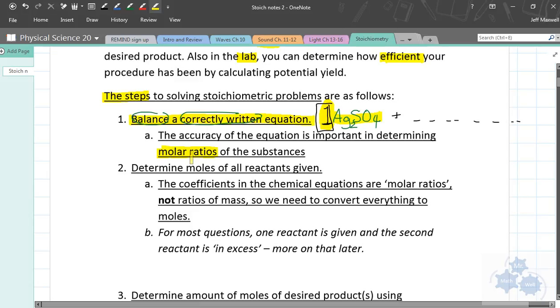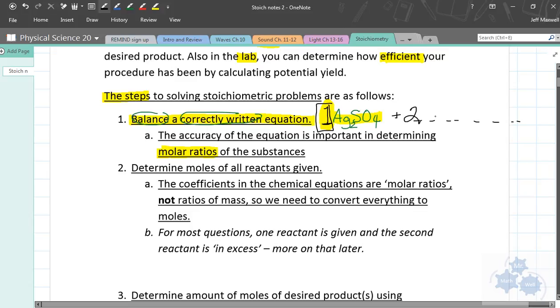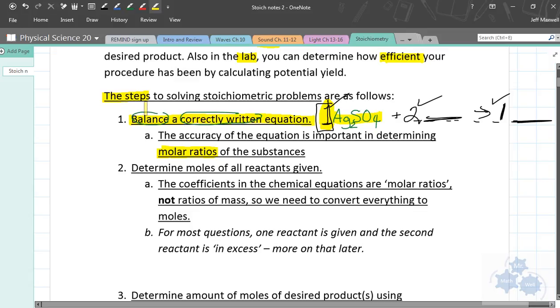So those coefficients that we've been working so hard on, you have to understand now, are the molar ratios of all the substances. So it's 1 mole of this plus 2 moles of the second substance produces maybe 1 mole of this substance. So these numbers are the ratio of moles of the substance. Very important. Okay, so, question?